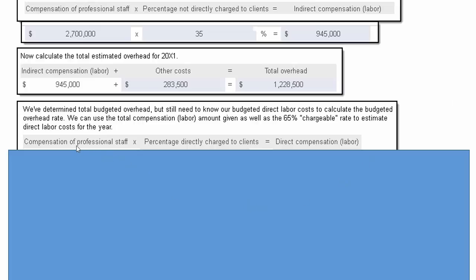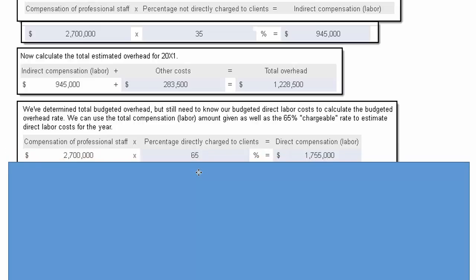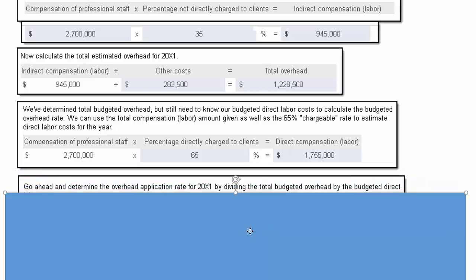So we take the compensation of the professional staff times the percentage directly charged to clients, and that's the direct compensation. Okay, so sliding down to show you what that looks like, we have $2,700,000 of the compensation of the professional staff times the 65% charged to clients, so $1,755,000 is the total direct labor amount.